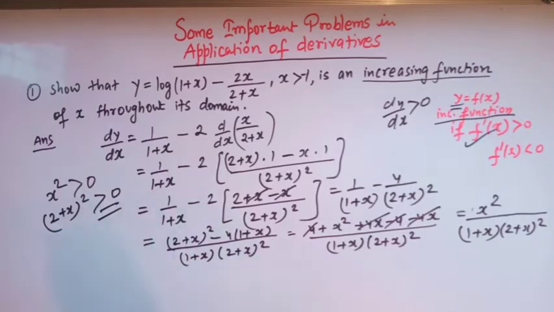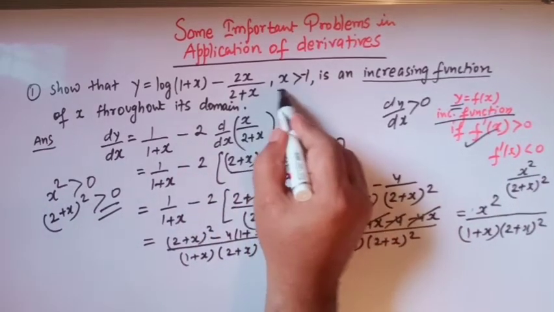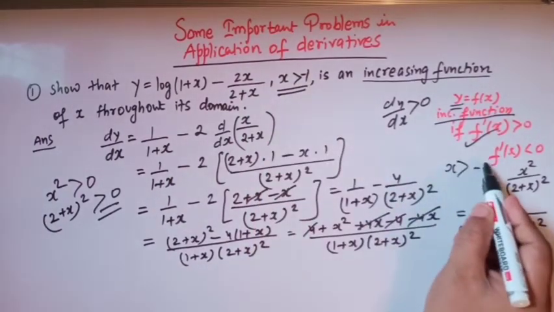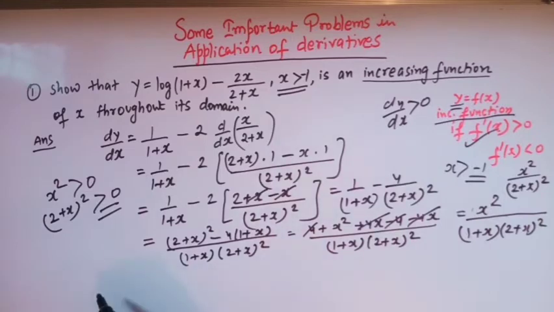Or in other words, we can say that this term, x square over (2 + x) whole square, is always positive. This term is always positive whenever x is greater than minus 1, right? So the only term which is left out is 1 + x.